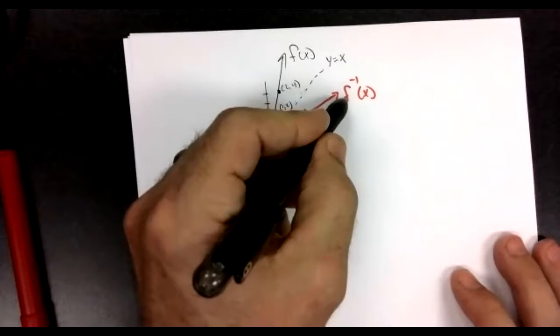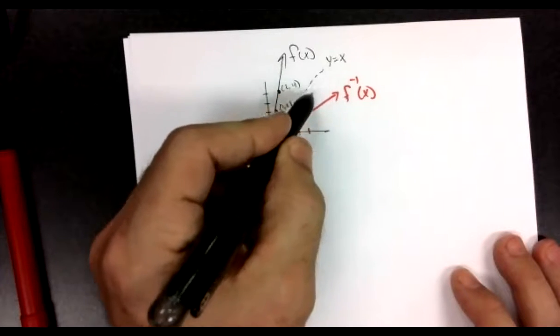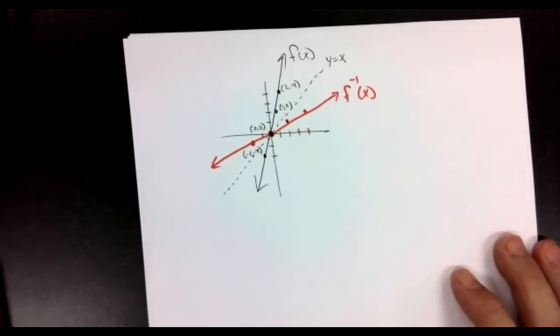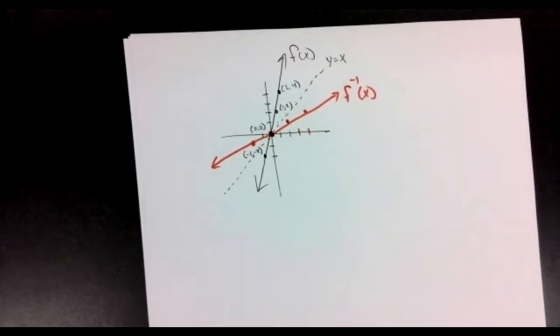So your inverse function is reflected over this line. So you don't necessarily have to do it point by point. That's essentially what's happening.